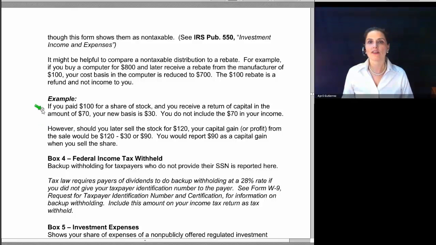You paid $100 for a share of stock, and you receive a return of capital in the amount of $70. That $70 return of capital is not income to you, but it does reduce the basis of your stock to $30. If you later turn around and sell that stock for $120, then your gain on that sale will actually be $90, not the smaller amount that you would think would only be $30.